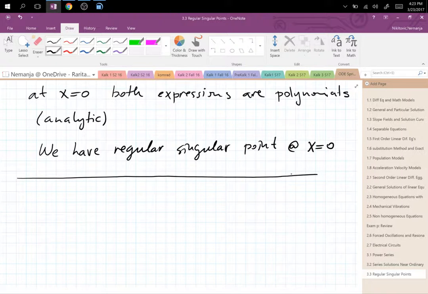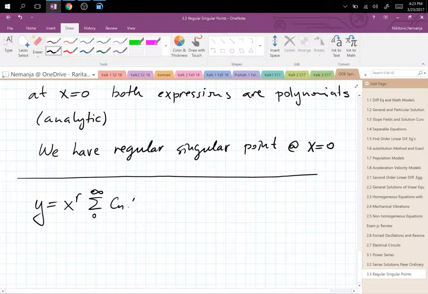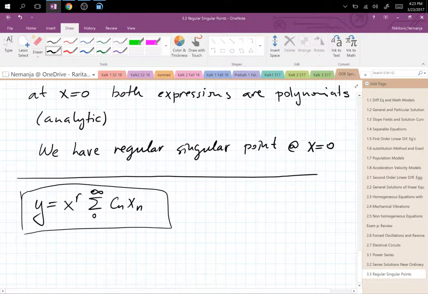Now it's modified, and that modification calls for y equals x to the r times the summation from 0 to infinity of Cn x to the n. So that's the new piece for the solution. So we are assuming this one.